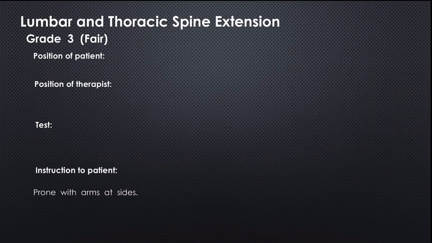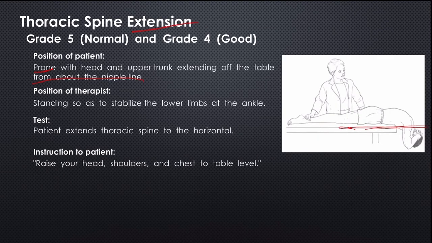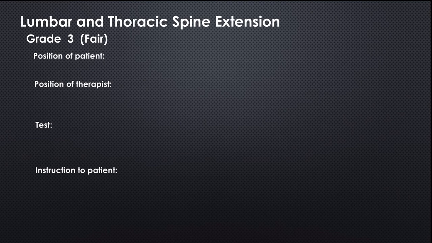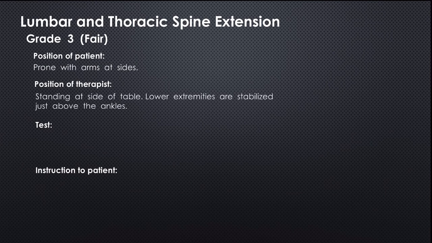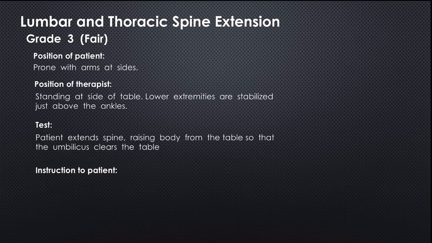For grade 3, prone with arms at the sides, because again in here you provided resistance using your clasped hands. But for grade 3 there should be no resistance, so remove it by simply putting the hands or arms at the sides. So the same: standing at the side of the table, lower extremities are stabilized just above the ankles.